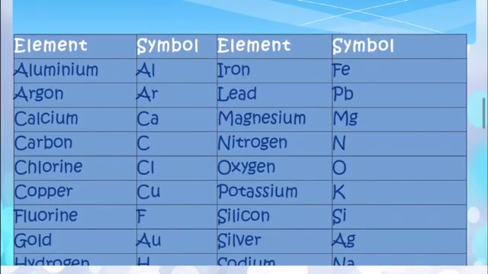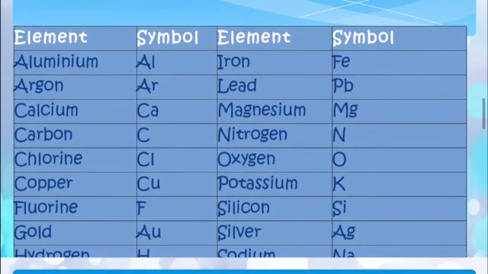Going on further, a few more element symbols are there, like copper, it is Cu. From where did the copper symbol Cu come? Copper symbol Cu came from its Latin name cuprum.